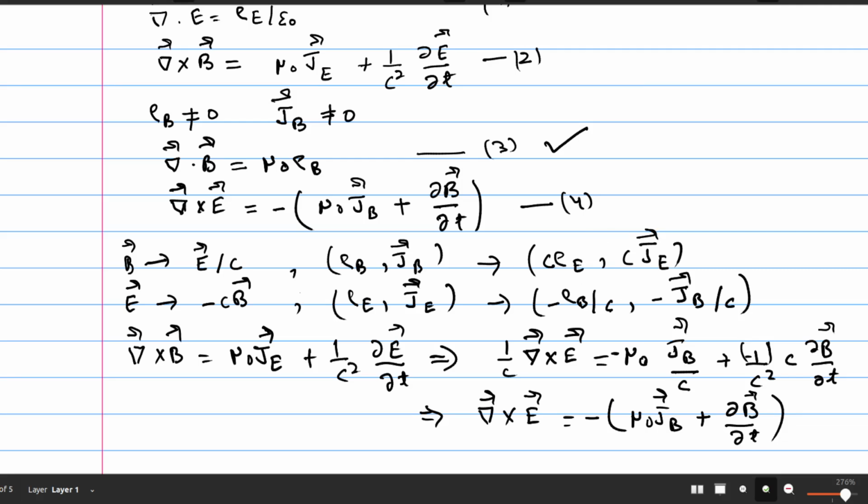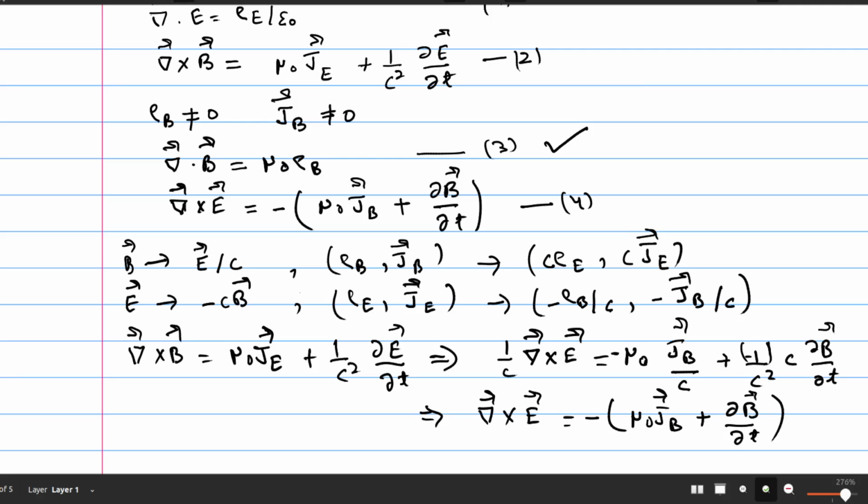Similarly, if we carry out these replacements in the fourth equation, we get the second equation. So the electric magnetic duality is still present when the sources are non-zero, but provided we also introduce these fictitious magnetic sources, rho B and JB.